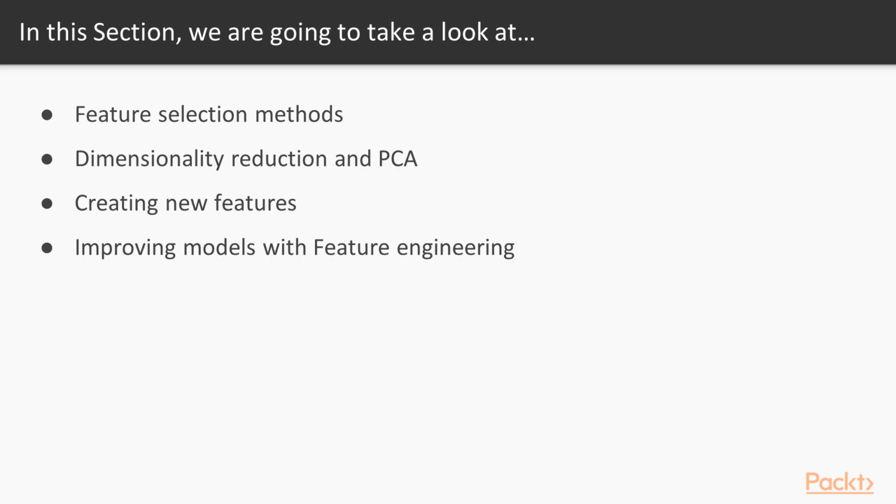In the third video we will do what is known as feature engineering, and we will be creating new features from the existing ones that we have in our datasets. And finally, in the last video, we will try to improve our models with feature engineering. And we can improve the model in two ways.